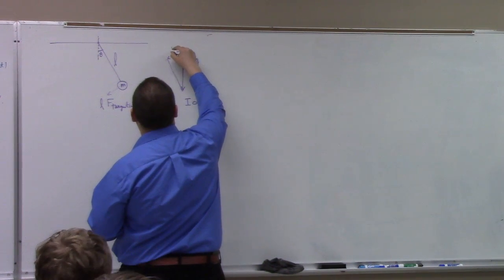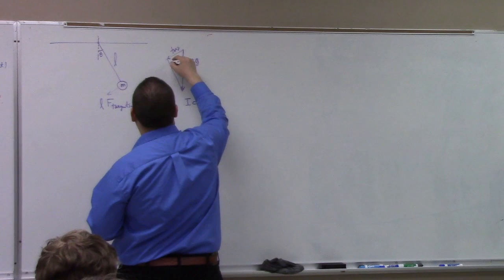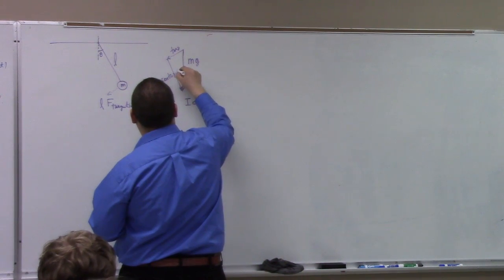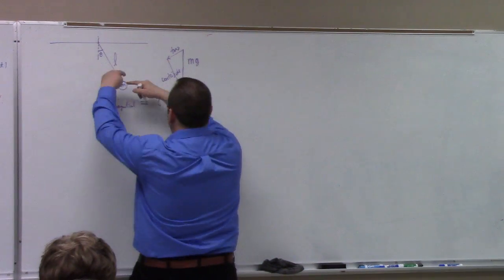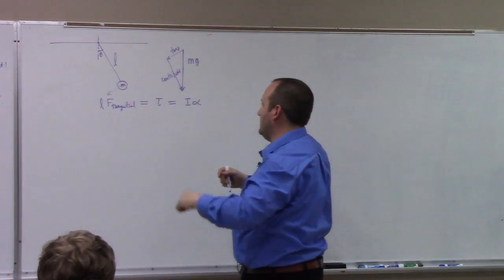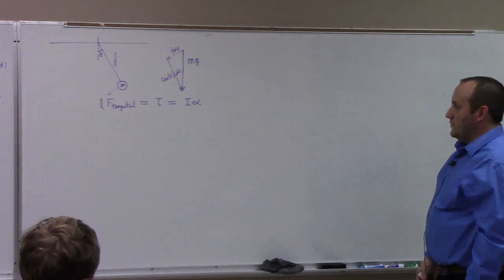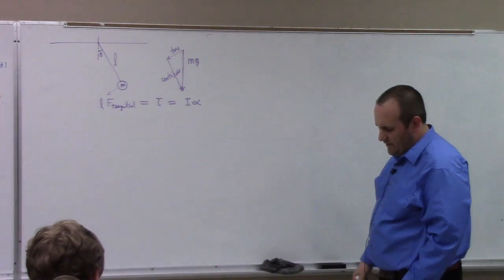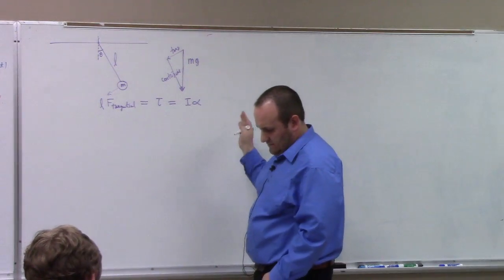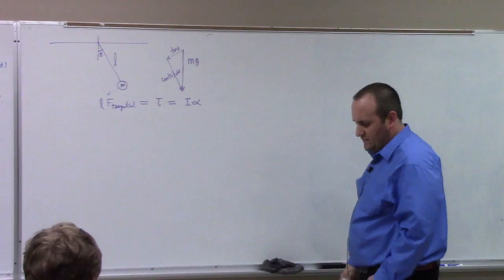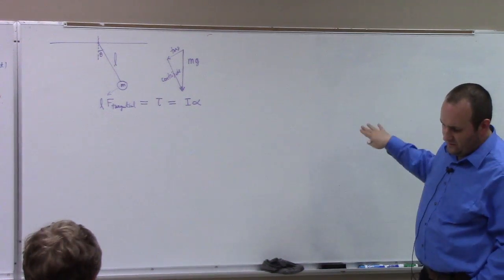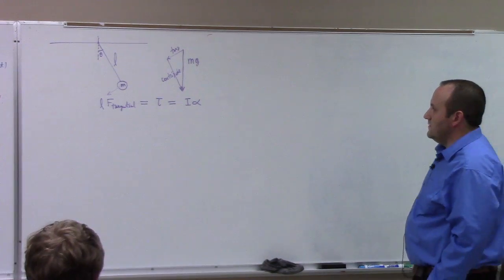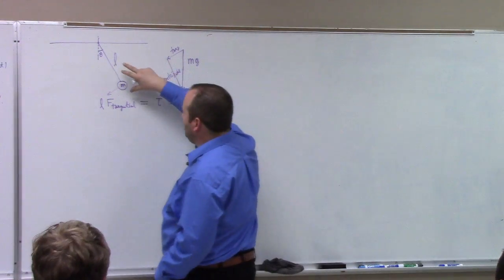Here's the tangential piece, and then this over here is the centripetal piece, right? The centripetal force and tension are in equilibrium, I believe. Well, that's not true. They have to balance out to give you the circular motion. So in fact, the centripetal part of gravity would not be equal to the tension.